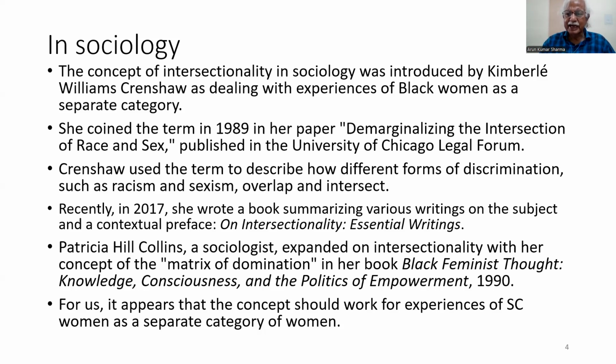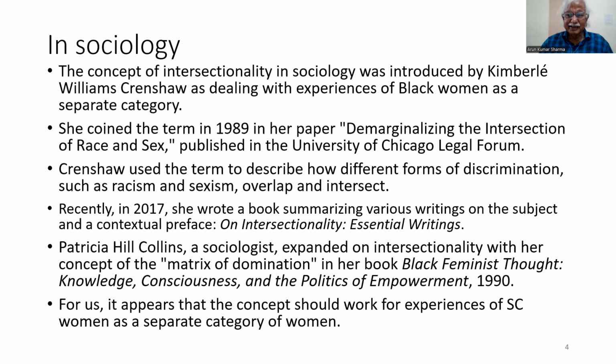History of writings on women is quite old. Even in the 50s and 60s, you find a lot of literature by women sociologists on the condition of women. But in 1989, Crenshaw wrote a paper titled Demarginalizing the Intersection of Race and Sex, which was published in the University of Chicago Legal Forum.